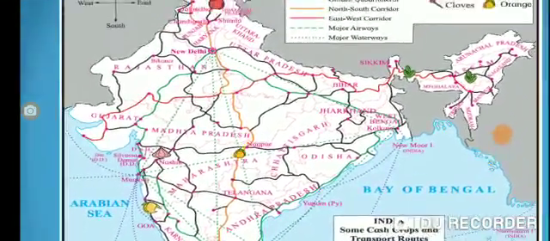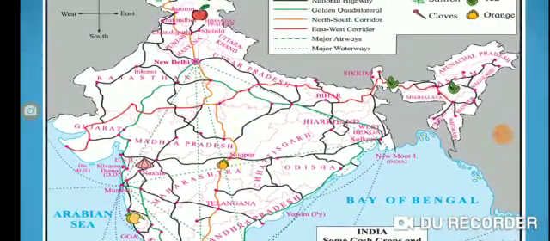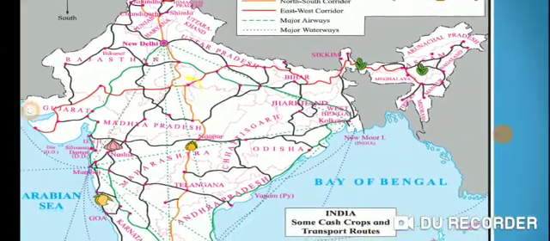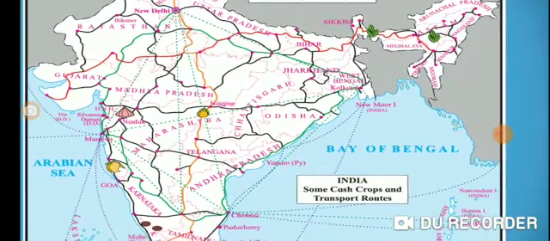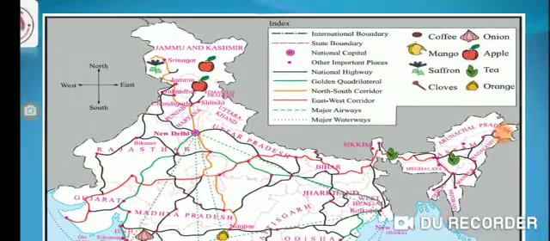Starting from Nagpur, this orange route you follow, you move to Madhya Pradesh. From Madhya Pradesh, you move to Rajasthan over here. Just follow the orange route which starts from here, and you keep going up. This is the route.